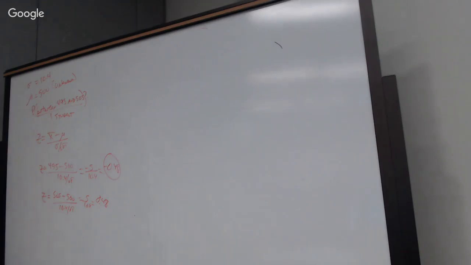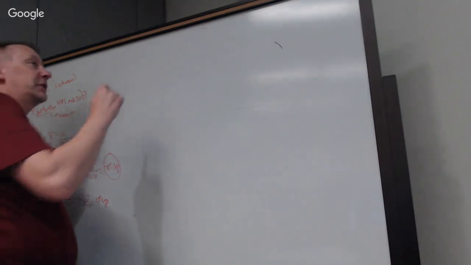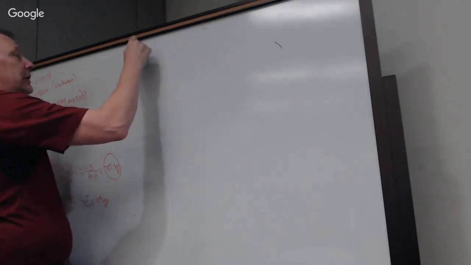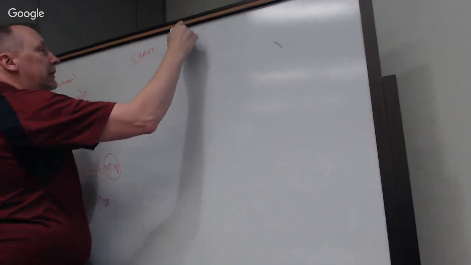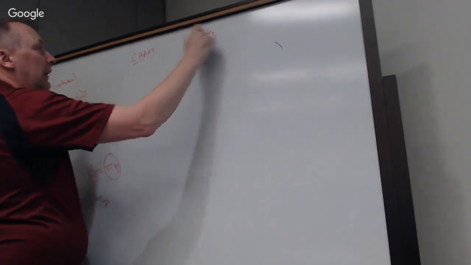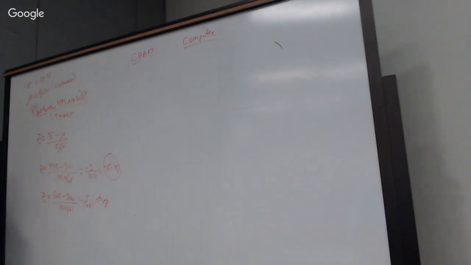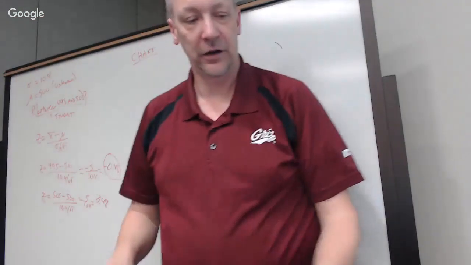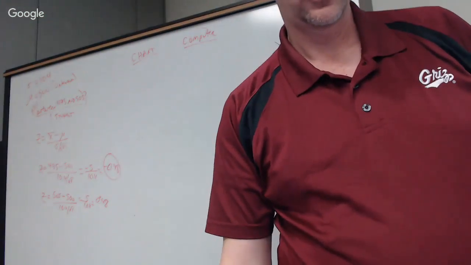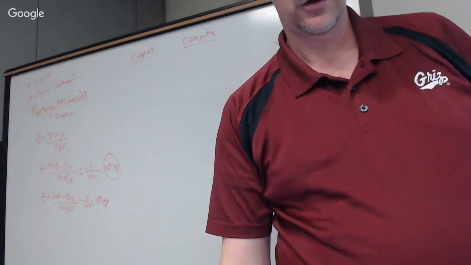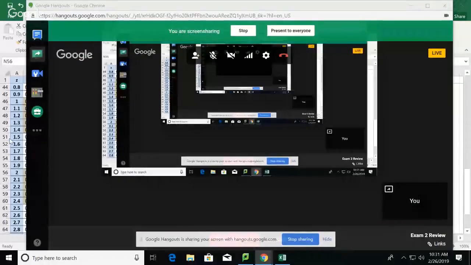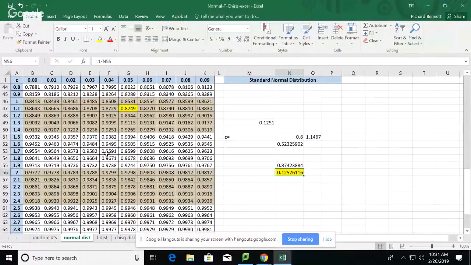So how do we find the answer? Chart. Look at the chart. Okay, we're going to do this two ways: the chart answer, and the computer answer. The chart answer would be, if I share here, okay, so what am I doing here?